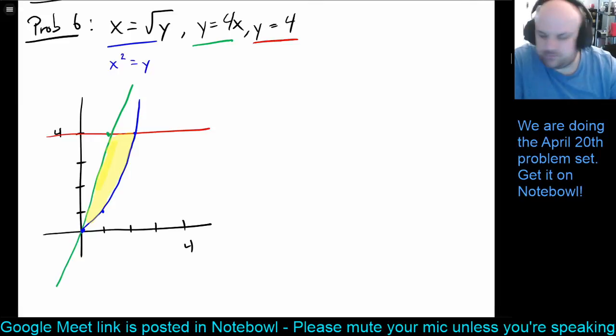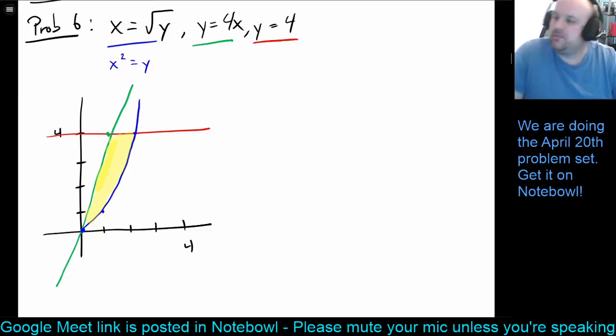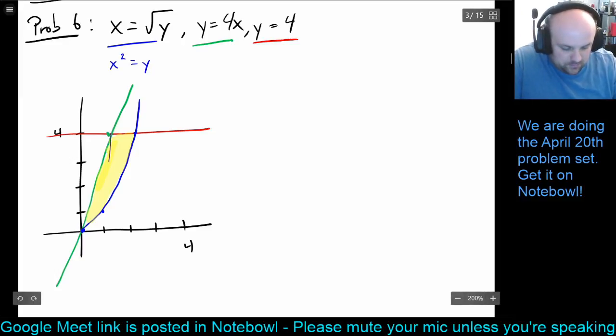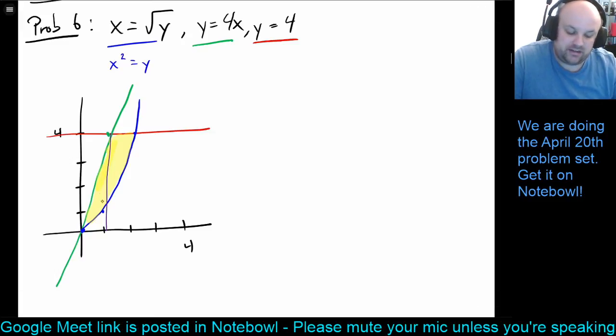Okay. So something interesting going on here. This one doesn't lend itself very well. We could, but it doesn't lend itself very well to doing integrals in the x direction here. And that's because, well, we'd have to sort of split it here because the top is green, the bottom is blue here, but over here the top is red and the bottom is blue.